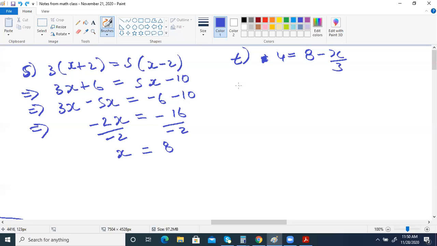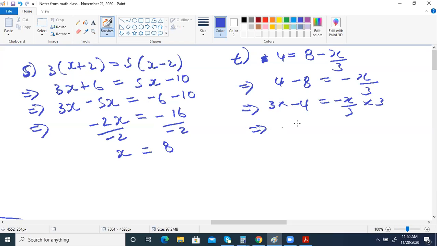So we can use that approach, which is to say 4 minus 8 equals minus x over 3. Then we'll have minus 4 equals minus x over 3. Multiply both sides by 3, so we get minus 12. The reason for multiplying by 3 is to get rid of this 3 in the denominator.